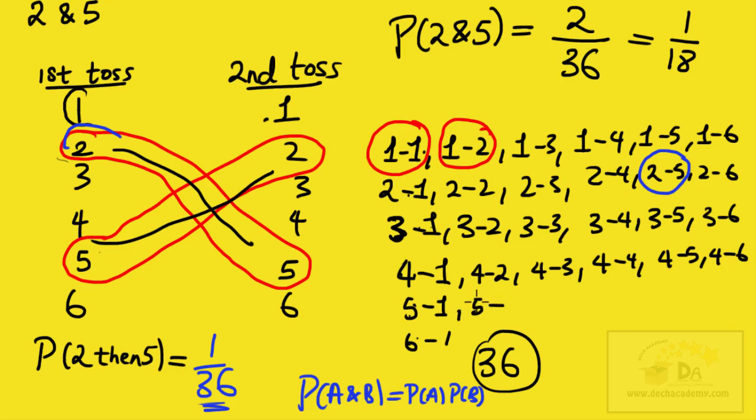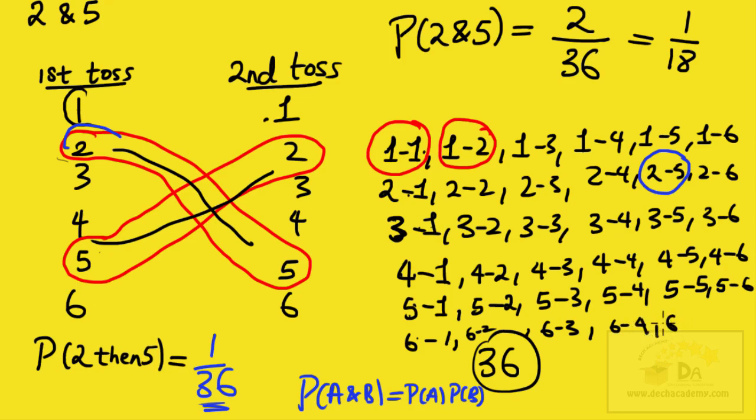So this outcome is saying I get a 5 in the first toss and I get a 2 in the second toss. 5 in the first toss and 3 in the second toss. 5 in the first toss and 4 in the second toss. 5 after the first toss and 5 after the second toss. 5 after the first toss and 6 after the second toss. 6 and 1. Okay, 6 and 2. 6 and 3.